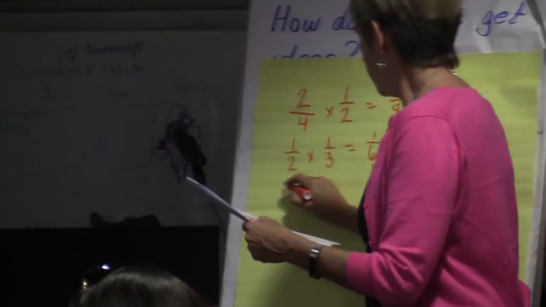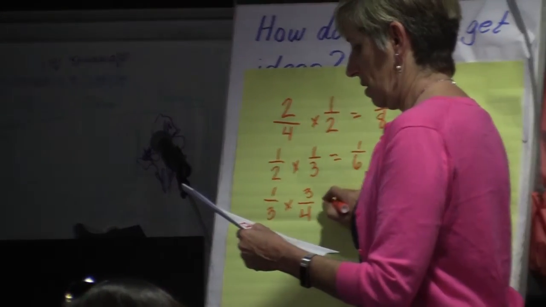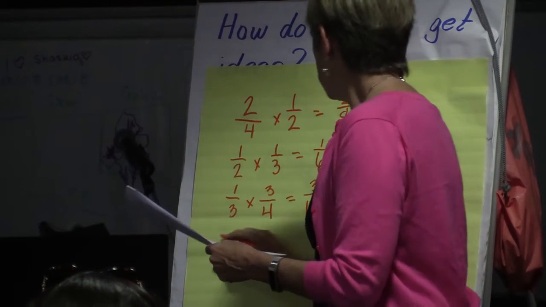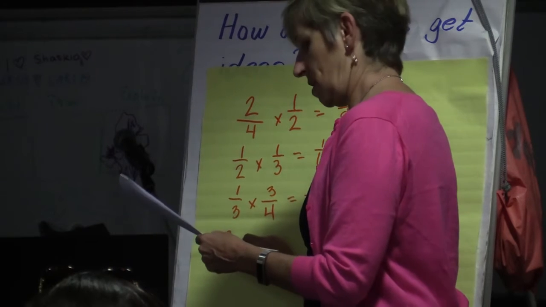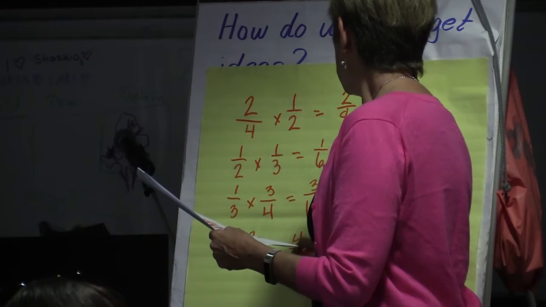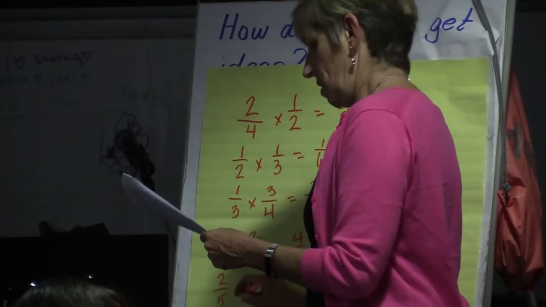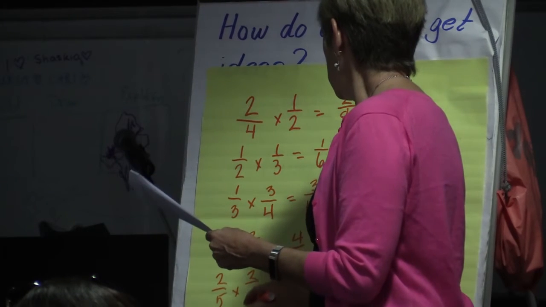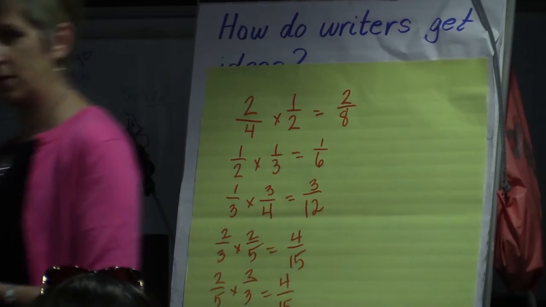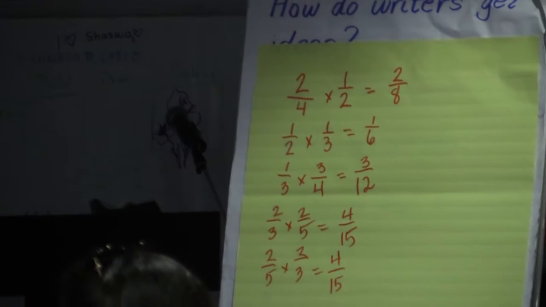We then did 1/3 of 3/4, and we got 3/12. 2/3 of 2/5 is 4/15, and 2/5 of 2/3 equals 4/15. So I've collected all our proof. What do you notice?